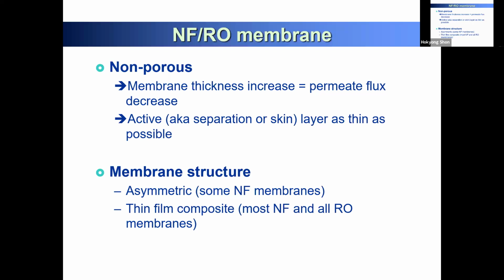Which means they have a different transport mechanism. Ultrafiltration is size exclusion because it has a pore. The size is this big. Water molecules easily pass through. Ions easily pass through. It completely depends on the size exclusion.